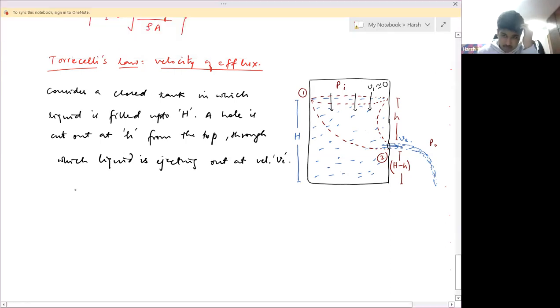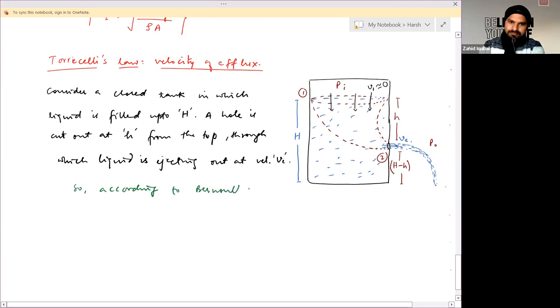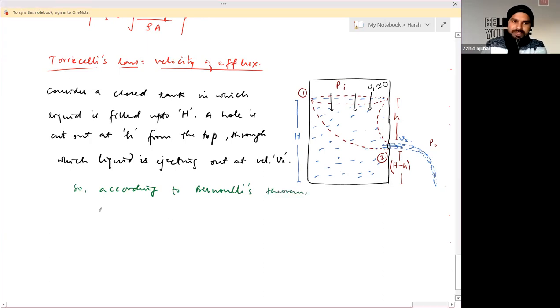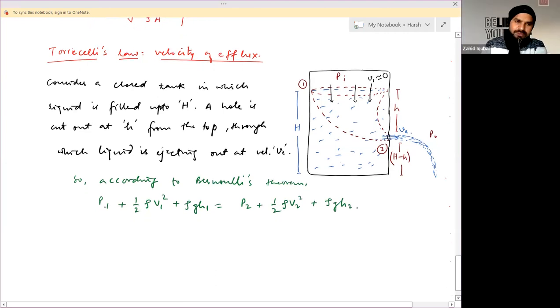So according to Bernoulli's principle, pressure at point first plus kinetic energy per unit volume at point first plus potential energy per unit volume should be equal to P2 plus half rho V2 squared plus rho g H2. Now put the values of each term in this.